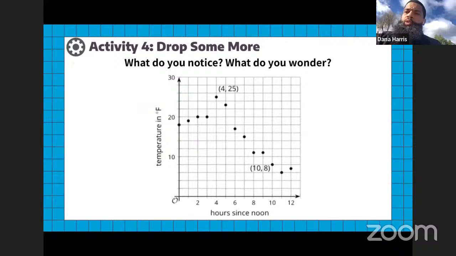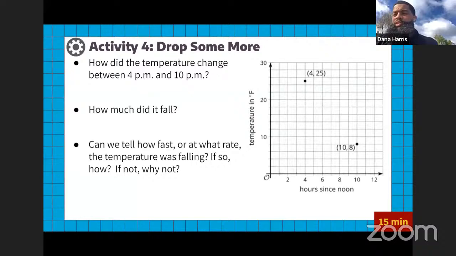Okay. So we're going to come back to this. We're not going to answer this just now. Well, we can, because it's kind of connected. So at 4 p.m., the temperature was at 25 degrees, and at 10 p.m., the temperature is at 8 degrees. So how much did it fall?